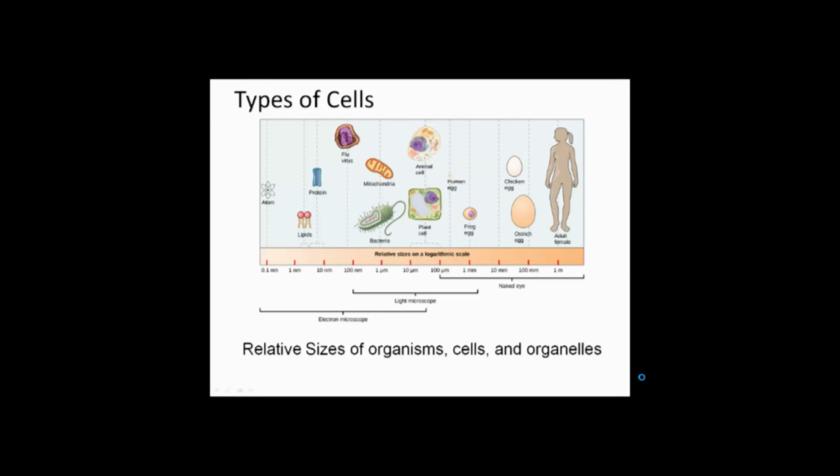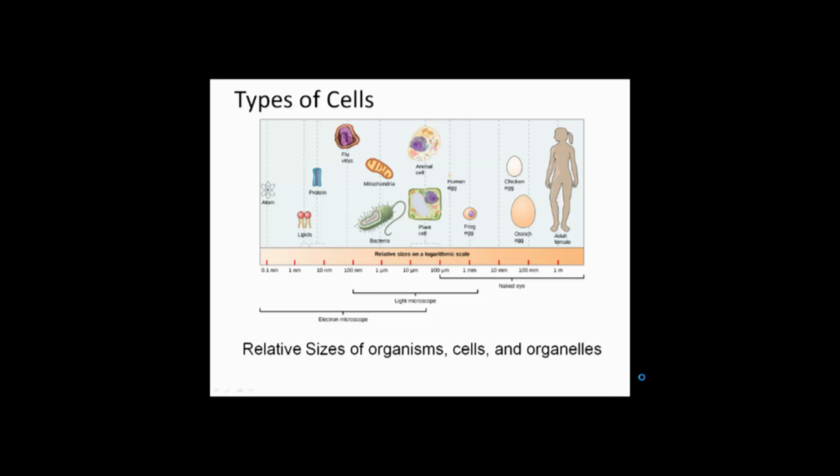So this is just to give you a relative size of different organisms, cells, and organelles to see where they fall. Most cells that we're going to talk about, the plant cells and animal cells, fall under the light microscope range at around 10 micrometers to about 100 micrometers. It depends upon the tissue that you're looking at. That will determine the size of that cell.